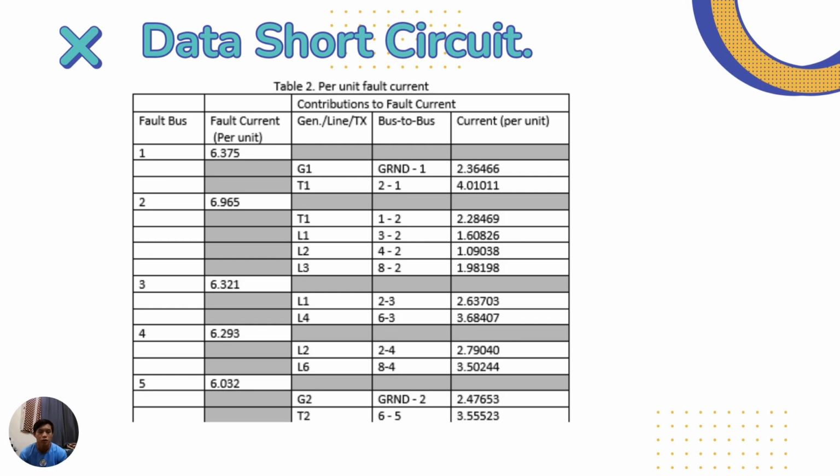So the first one: 6.375 for bus 1 and 6.965 for bus 2, 6.321 for bus 3, 6.293 for bus 4 and lastly 6.032 for bus 5.